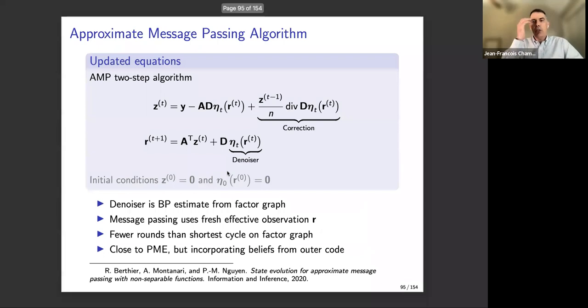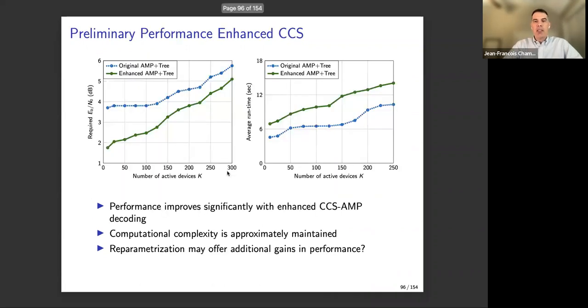And what you do is essentially tilt your priors on the graph. So you use a denoiser that uses your effective observation, and it combines it with your neighbors in the graph, which affect your priors. And if you do that, the performance improves quite drastically.